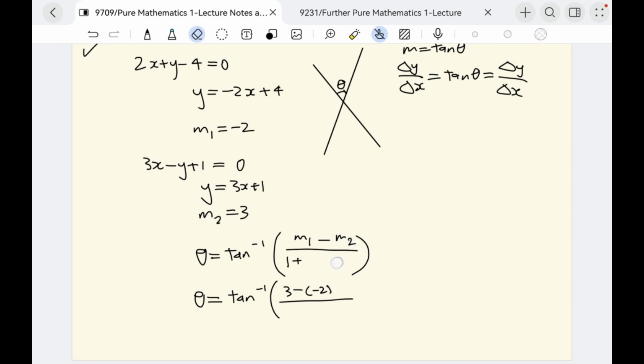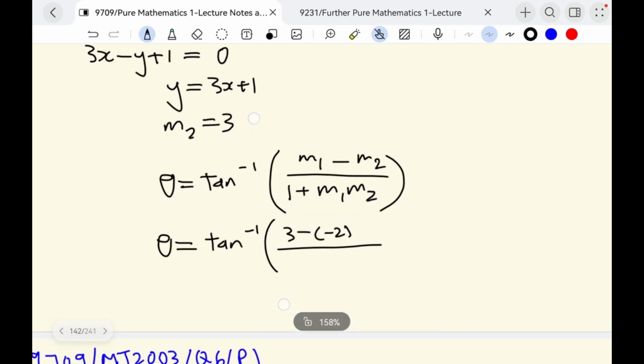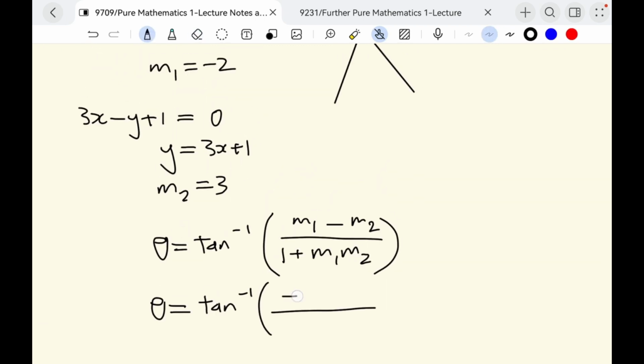Okay? So you must memorize this formula because it does not exist in your MF19. So just apply the formula to get the angle between the two lines: -2, 3.